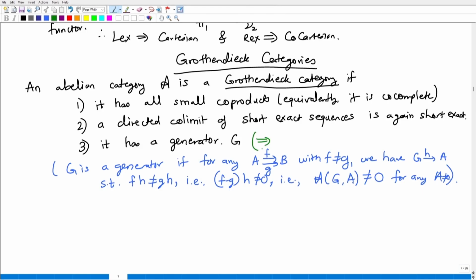This implies, I am writing it in brackets, that for any x in the objects of A, there exists a set I and a short exact sequence 0 to K to G^I to x to 0.